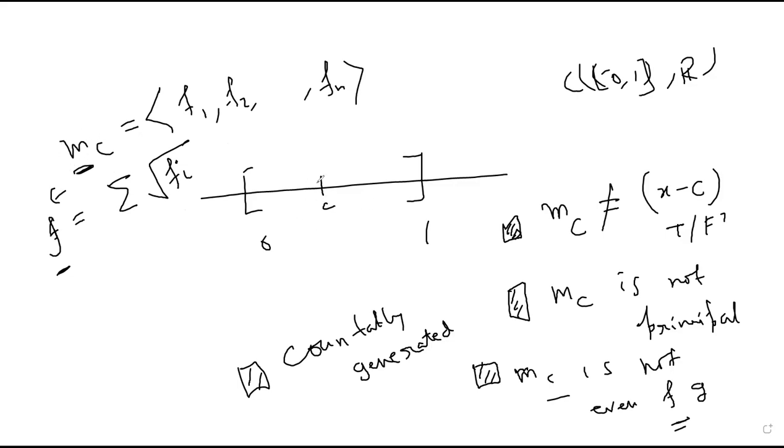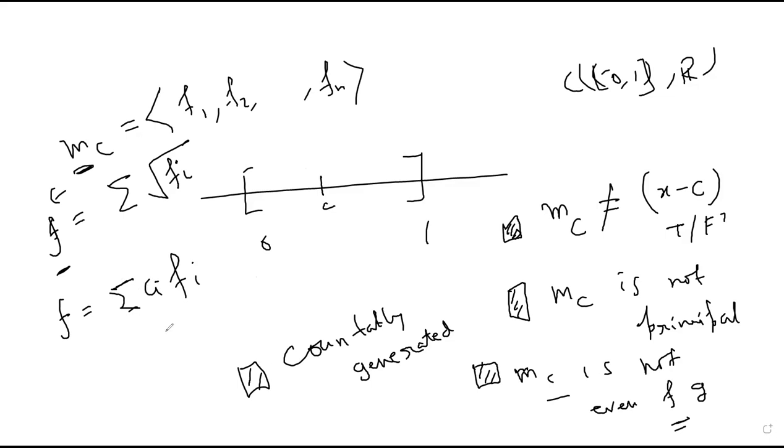But then you can apply a standard delta-epsilon argument to show that this f cannot be written as a linear combination of the fi's.